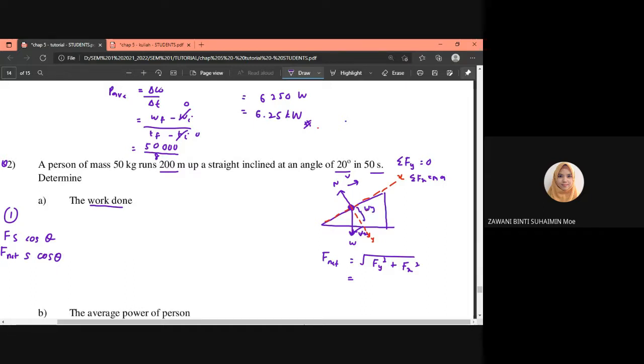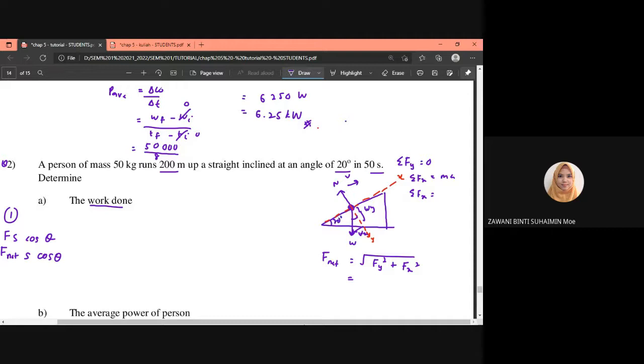So maksudnya dekat situ adalah summation of Fx, sorry. Summation Fx ada motion. So in X component, total force kita adalah bersamaan dengan weight in terms of X component. Ini adalah theta. Theta dah diberi iaitu 20 degree.